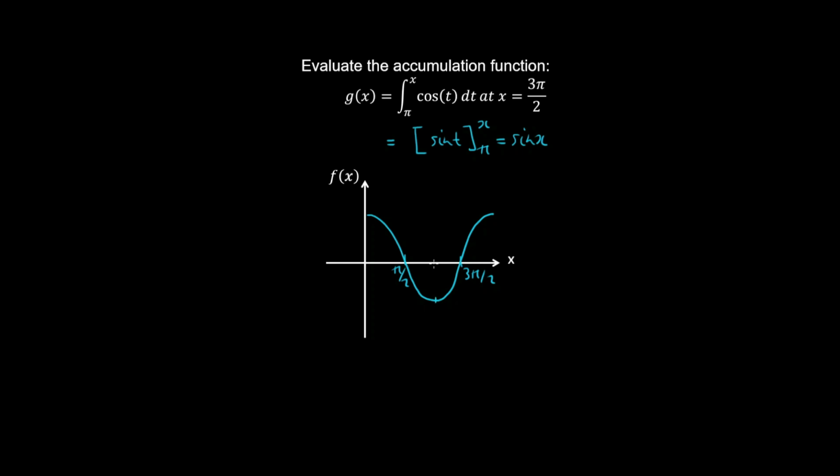And it's equal to minus 1 at pi. So since the function is accumulating from x equals pi to some x over here, well, what we get is g of 3 pi on 2 is equal to minus 1, because the function is evaluated using this area over here, from pi to 3 pi on 2.